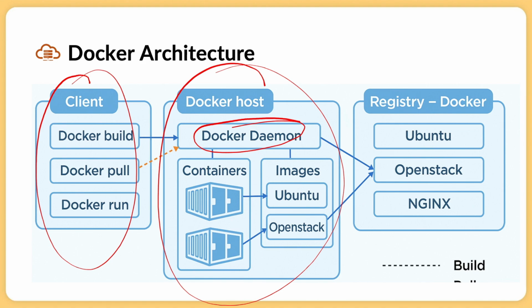When we send any command, it interacts with the Docker daemon, and Docker daemon does everything. Whether we need to create the image, run the container, start the container, stop the container, or remove the container, everything is done by Docker daemon, dockerd.